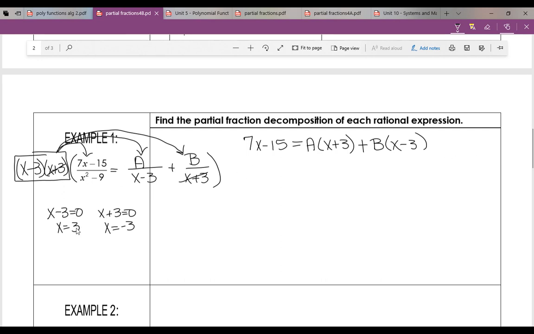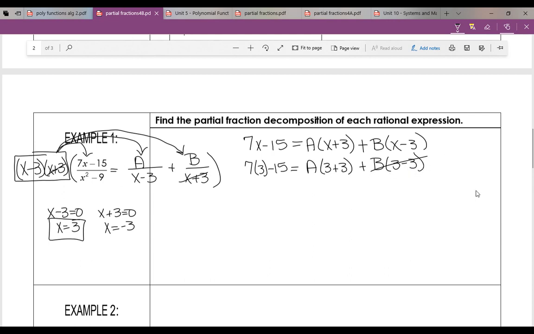So the first thing we're going to do is plug in 3 for x. That will make either the a or the b drop out, and we can solve for one of those variables. And then the second thing we'll do will be plugging in the negative 3. So 7 times 3 minus 15 gives me a times 3 plus 3 plus b times 3 minus 3.